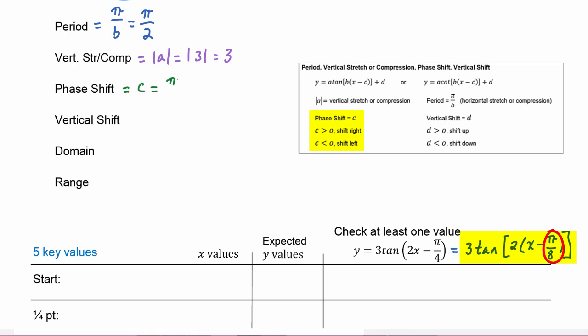So C is a positive pi over 8, which means it's going to the right. The vertical shift is letter D, and in this case, there is no vertical shift because D is equal to 0.